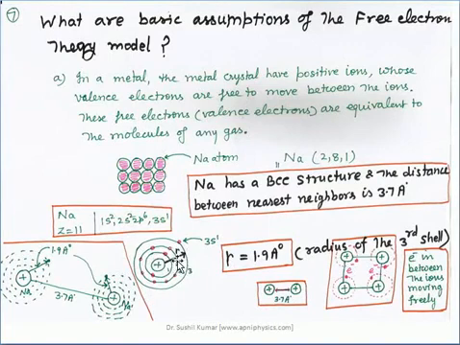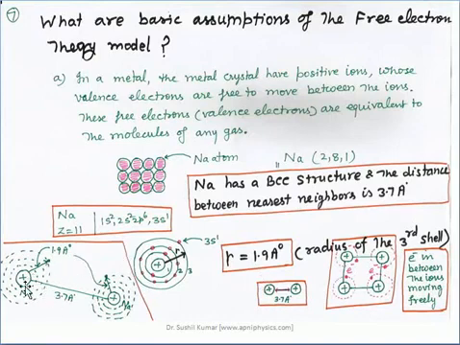The radius of the third shell, where this last electron, the valence electron, exists, is represented by R, and that is 1.9 angstrom. So there are two things I have mentioned here. One is the interatomic distance between the sodium atoms, and second is the radial distance of the valence electron in the atom.